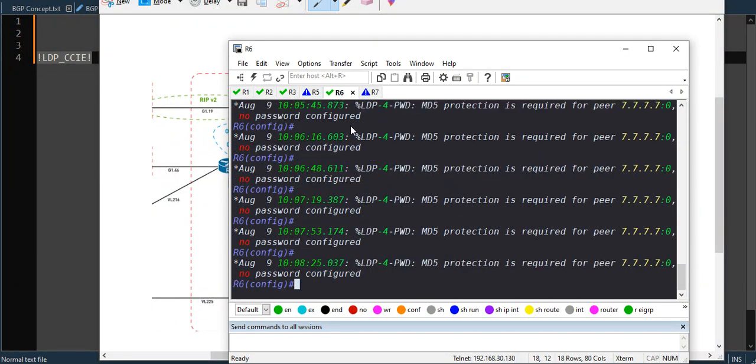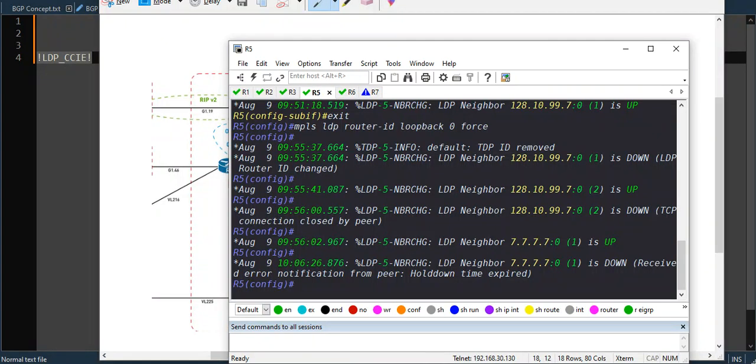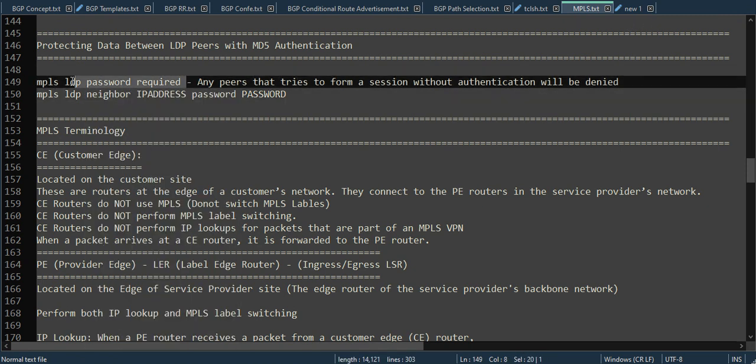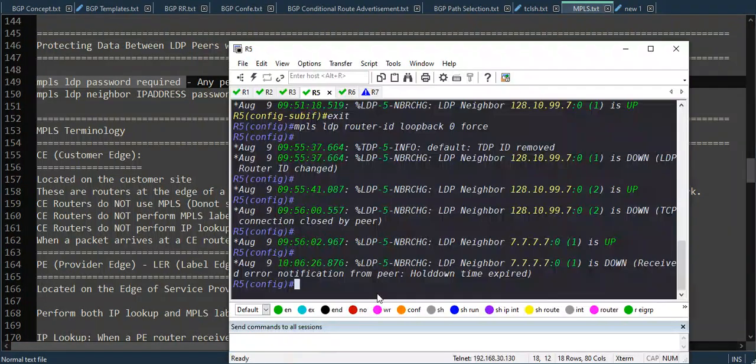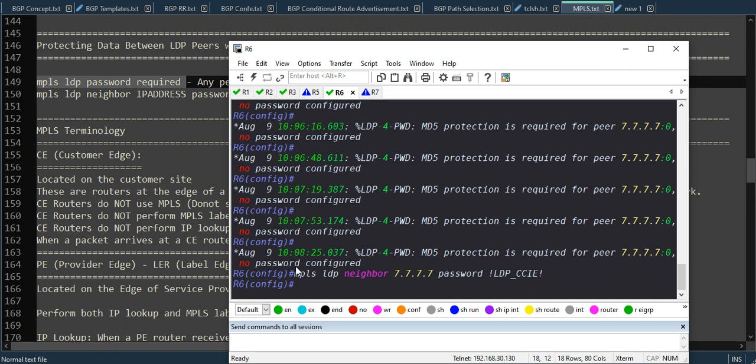And on R6 I have to configure for R7 as well, and R5. Go to the neighbor password.